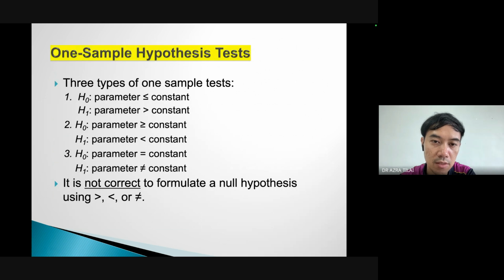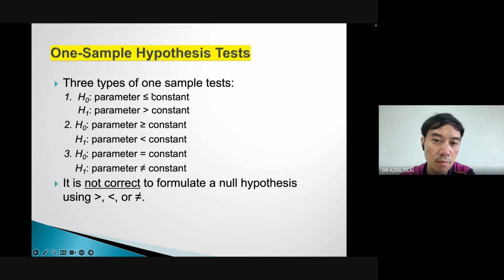the statements of hypothesis, this is the rule of thumb in order for you to construct the parameter and the constant. Number 1 and number 2 are always inverse statements of each other.